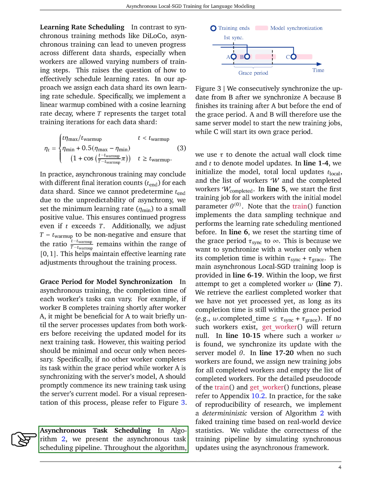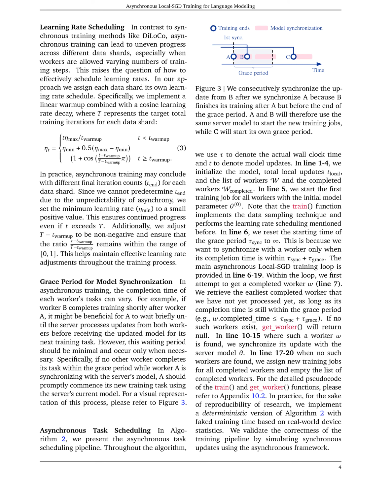When no such workers are found, we assign new training jobs for all completed workers and empty the list of completed workers. For the sake of reproducibility of research, we implement a deterministic version of the algorithm with fake training time based on real-world device statistics. We validate the correctness of the training pipeline by simulating synchronous updates using the asynchronous framework.